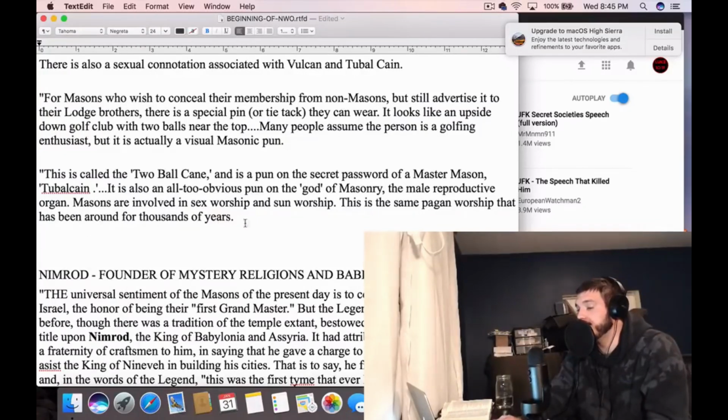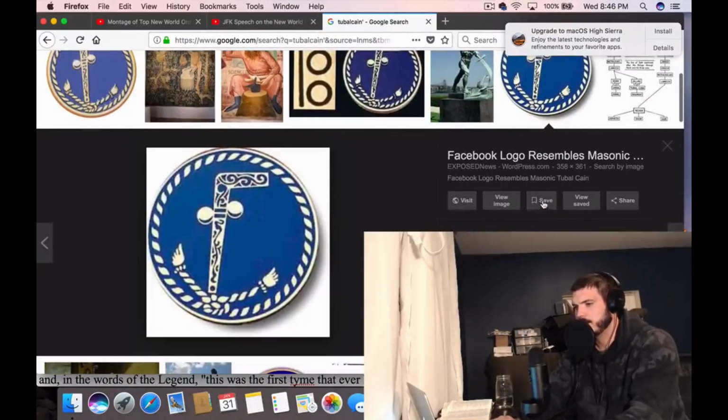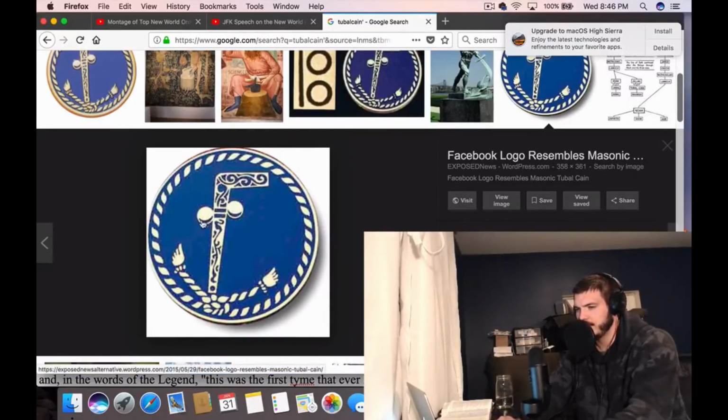Masons are involved in sex worship and sun worship. This is the same pagan worship that has been around for thousands of years back in Egypt and Babylon, okay? Let me show you this symbol. There it is. This symbol right here is the Tubal-cain symbol, okay? Two balls and a cane. You figure it out.